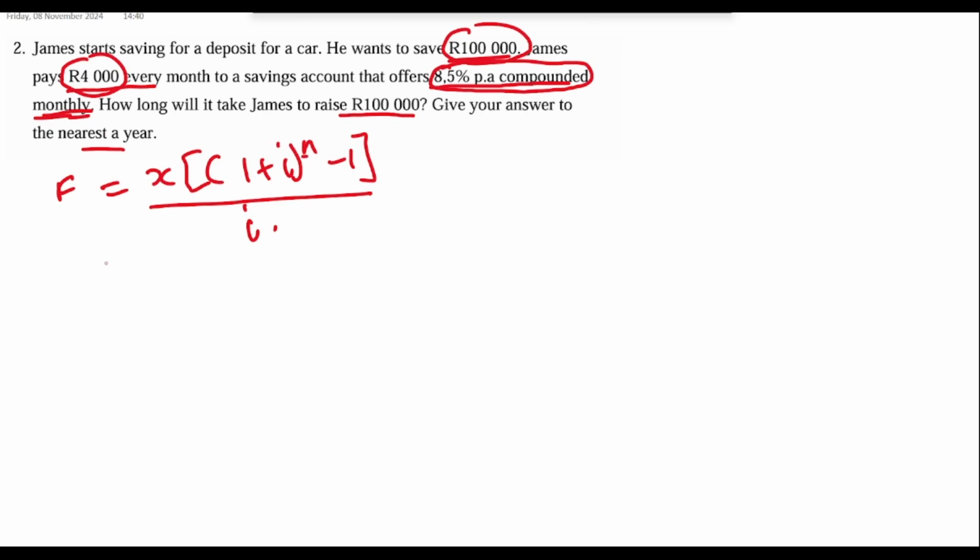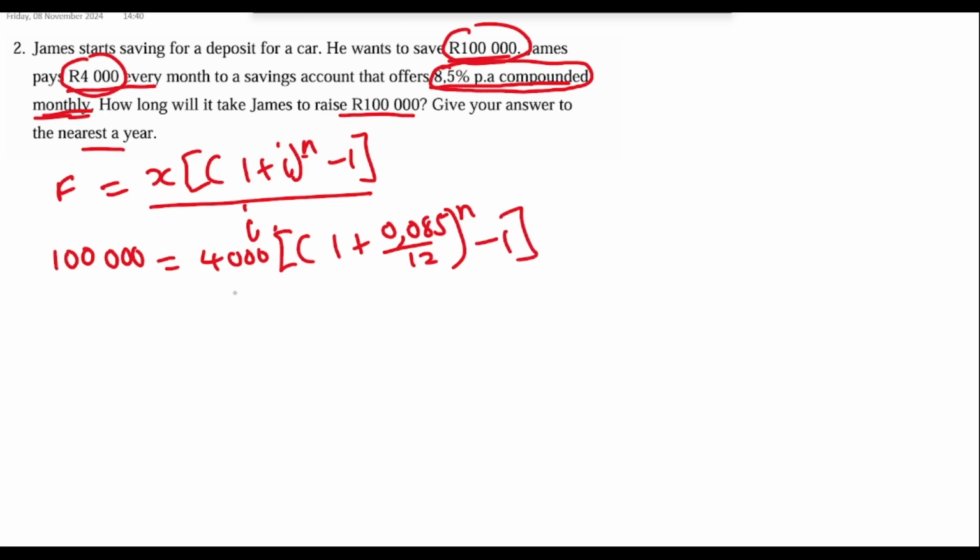So let's substitute what we have. 100,000 is equal to 4,000, that's the x there, times 1 plus 0.085 over 12, since it's compounded monthly, to the power n minus 1, all this over 0.085 over 12.